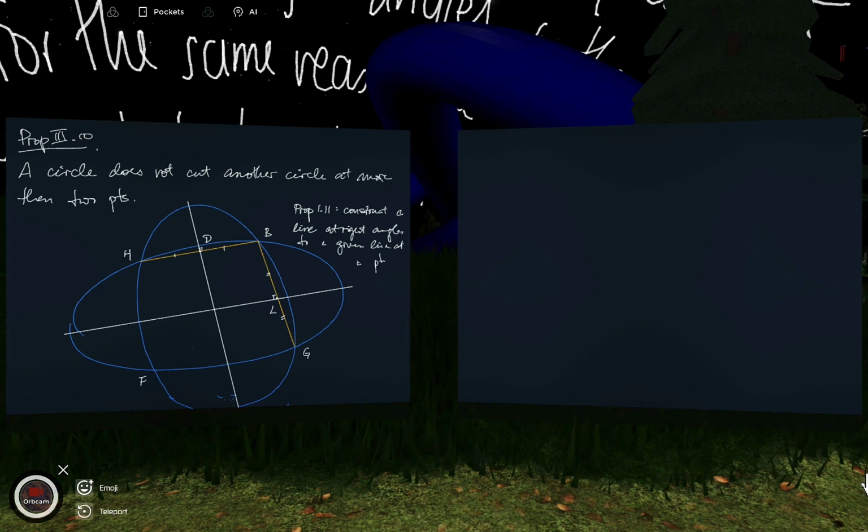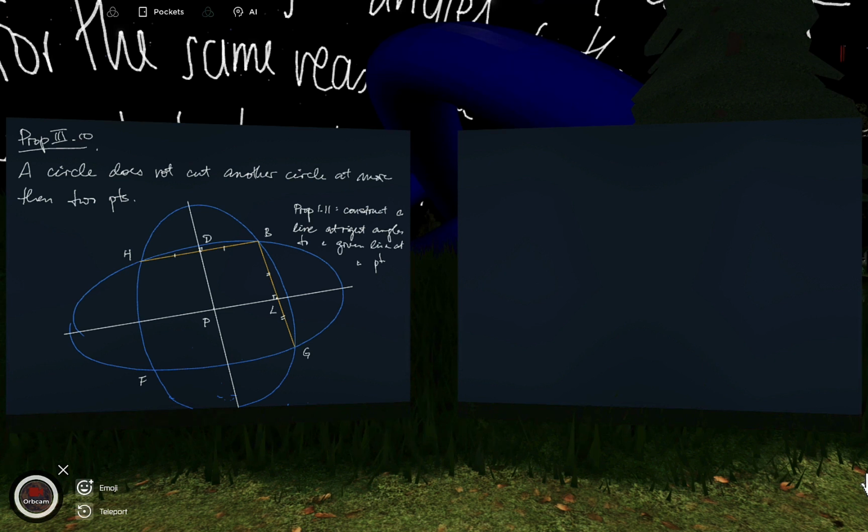So that gives us these lines, and we're going to call the intersection P. You can probably guess what I'm going to do. I'm going to say that P is the center of both these circles, and then invoke another proposition that tells us that's not possible. Cool. So that's the construction.